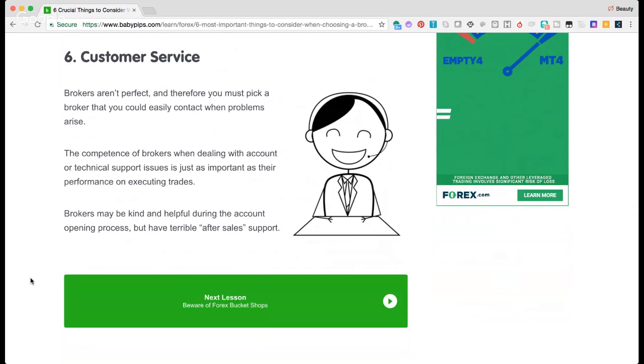The competence of brokers when dealing with account or technical support issues is just as important as their performance on executing trades. Brokers may be kind and helpful during the account opening process, but have terrible after-sales support. And there we go. Before we move on to the next lesson, which is beware of Forex bucket shops.